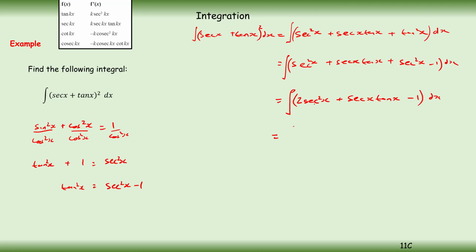So sec squared is tan x, so it's going to be 2 tan x, plus sec x tan x gives us sec x, and then minus x. Oh, not plus, I've done it again. Minus x, plus the constant term.